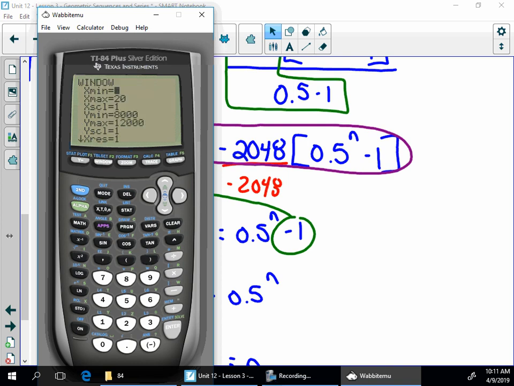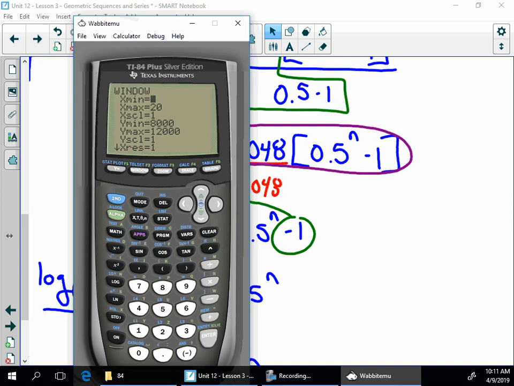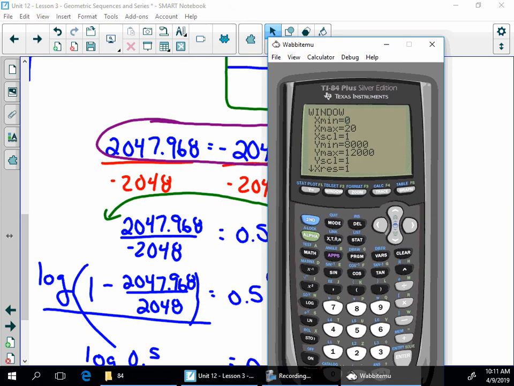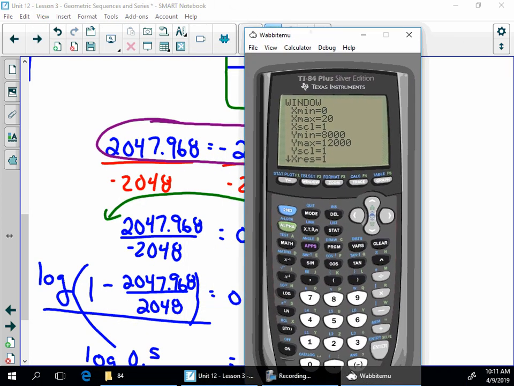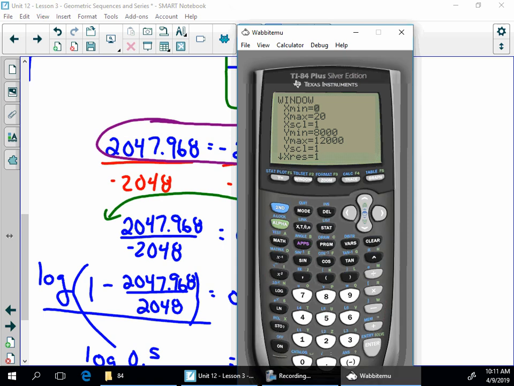Okay, I got to think about my window. My x's are my term numbers. I don't know how many terms I need, so I'm going to leave it 0, 20 for now. But I know my graph starts at negative 2048, and it has to grow to positive 2047.968. So if I wanted to, I could start in the negatives.